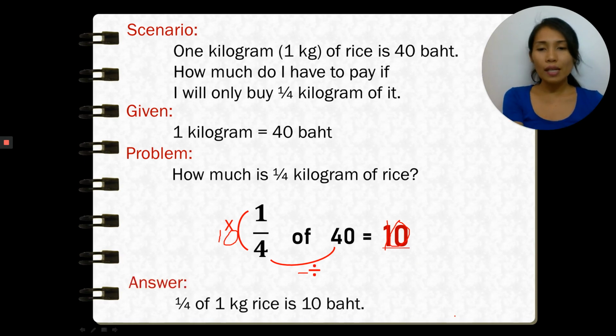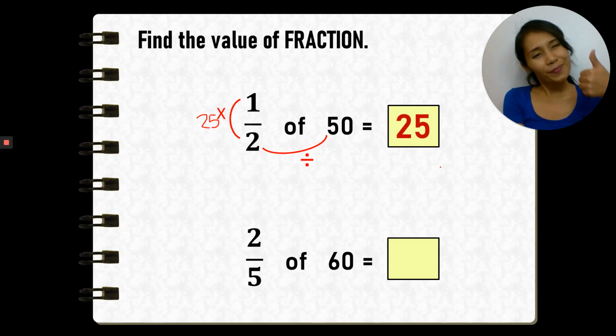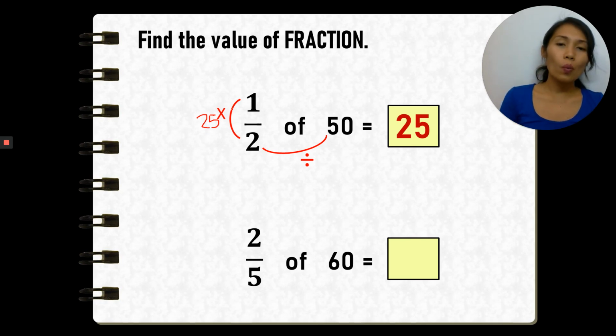Let's try another example. Find the value of fraction. What is 1/2 of 50? 50 divided by 2 equals 25. Now 25 times 1 equals 25. Easy, yeah? So that means 1/2 of 50 is 25.